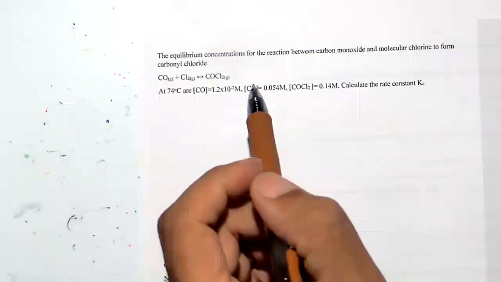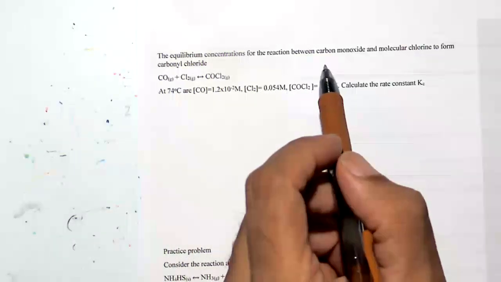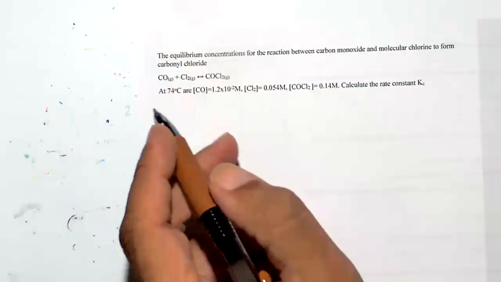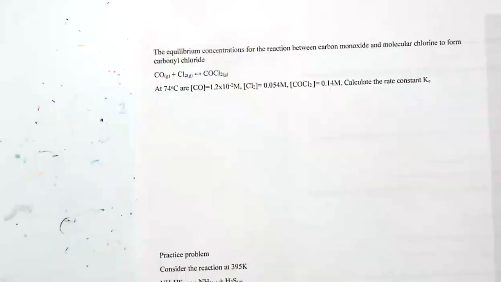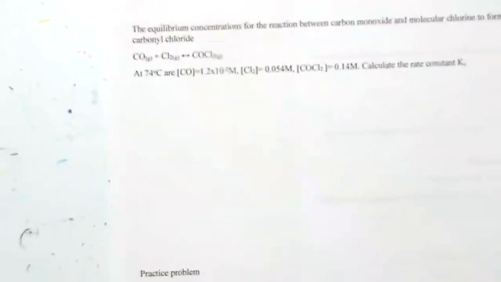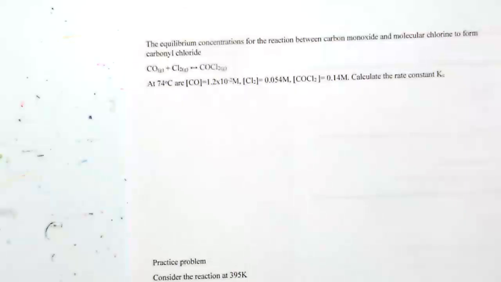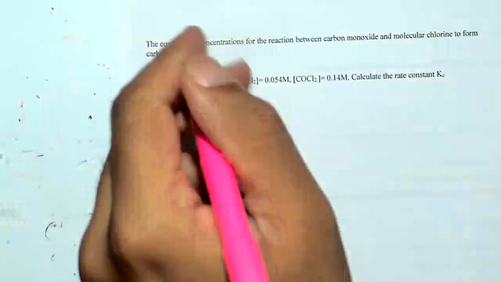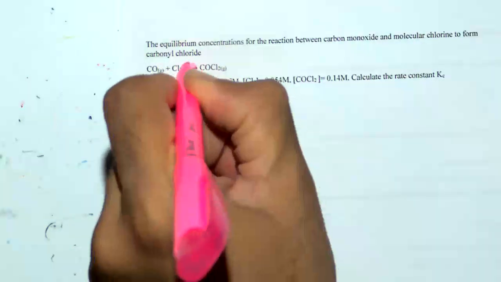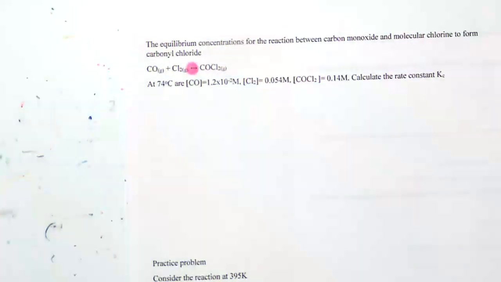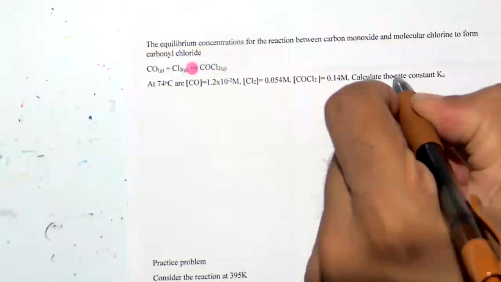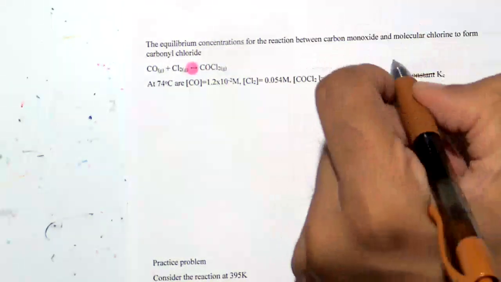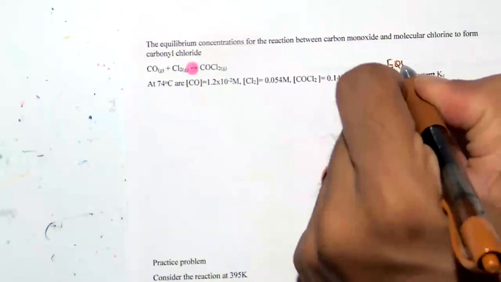All right, the equilibrium concentrations for the reaction between carbon monoxide and molecular chlorine to form carbonyl chloride, that's shown here. So question for you guys, is this reaction at equilibrium? Yes, okay. And then this is an error here in my notes, so I didn't get a chance to update it, but this is the equilibrium constant.